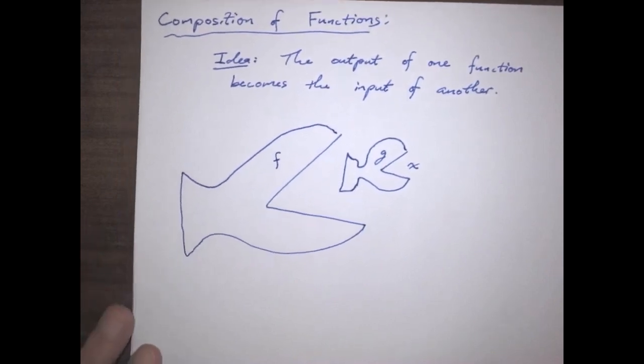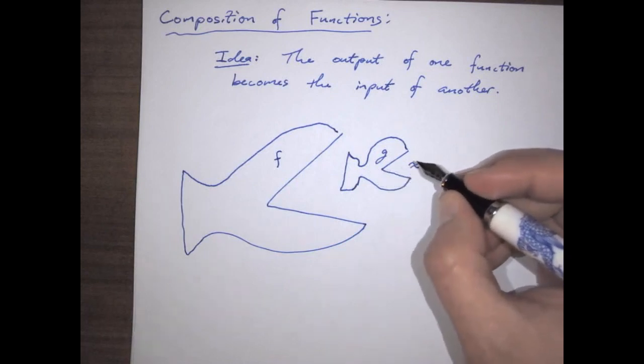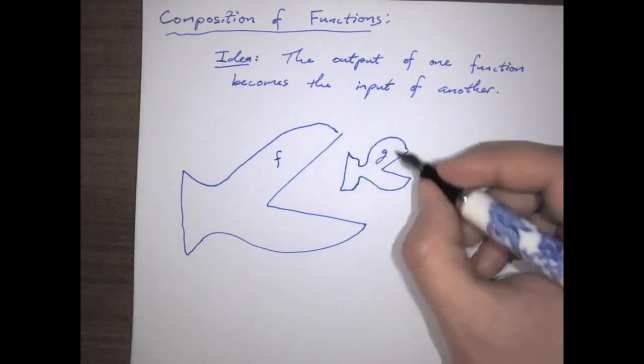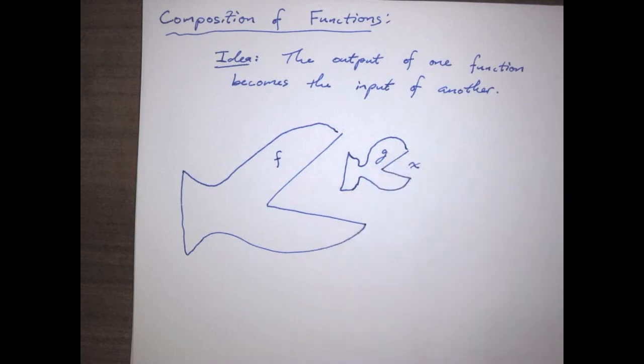So this is what's going on here. You have an input, and one function swallows the input, produces, and it becomes the output. And then a second function comes and eats that.